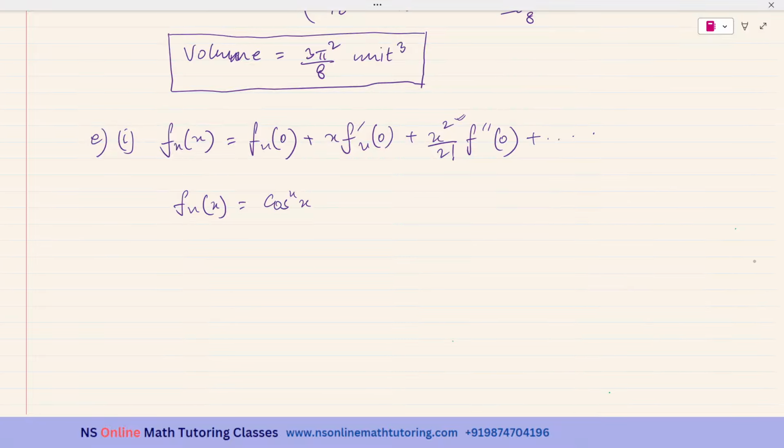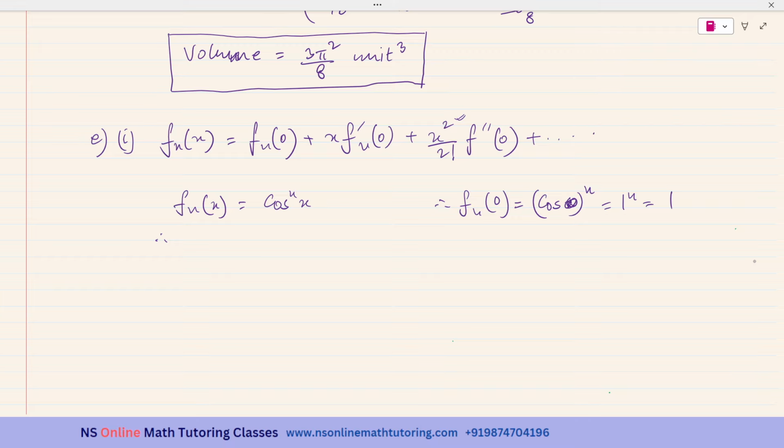Okay. So therefore, fn of 0 is equal to cos 0 raised to the power of n, in place of x we are writing 0, and cos 0 is equal to 1, so it is 1 raised to the power of n, which is equal to 1.